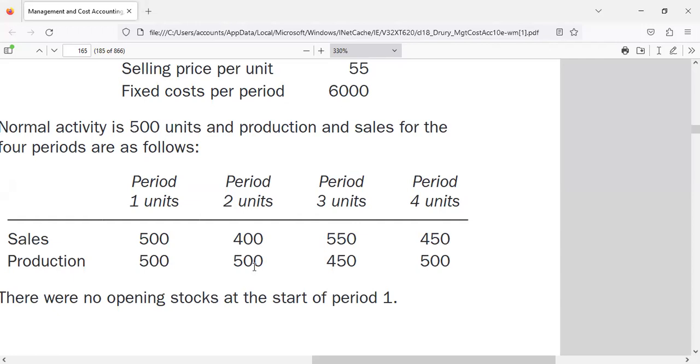That closing inventory of period 2 becomes an opening inventory of period 3. So those fixed costs are deferred to the next period. So in period 2, the cost of sales figure will be small. That's a higher profit value.